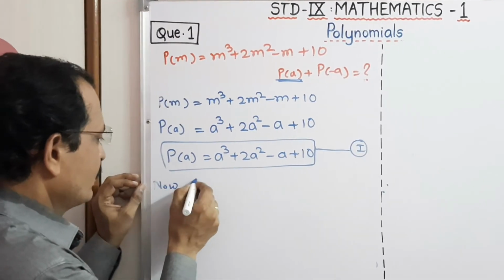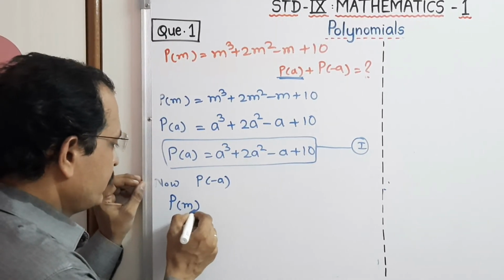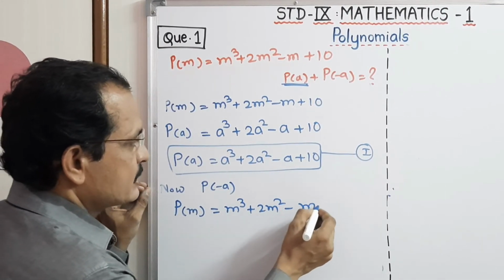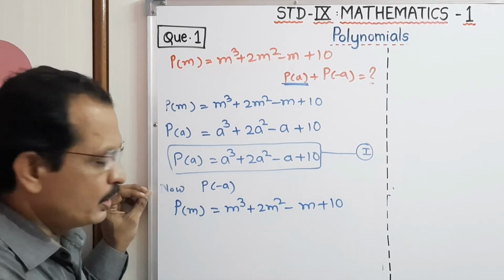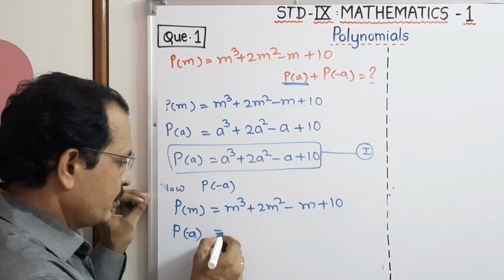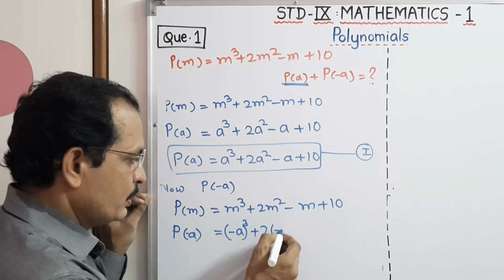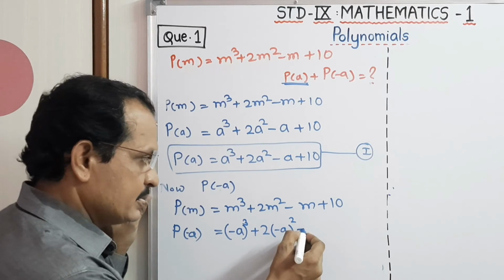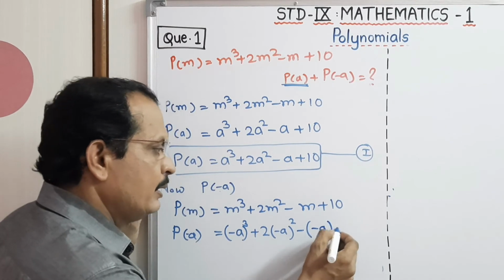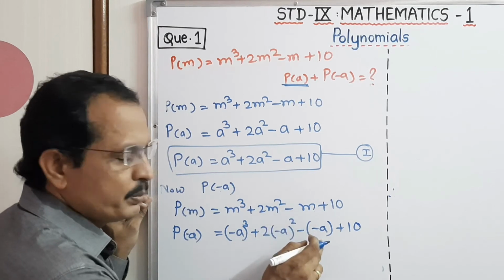Now P(minus a). For that purpose, we have to write P(m) is equal to m cube plus 2m square minus m plus 10. Now see, we have to put minus a over here. It is (minus a) cube plus 2 into (minus a) square minus, and in this bracket we have to write the value of m as minus a, plus 10. Dear student, be careful while writing this value of m.